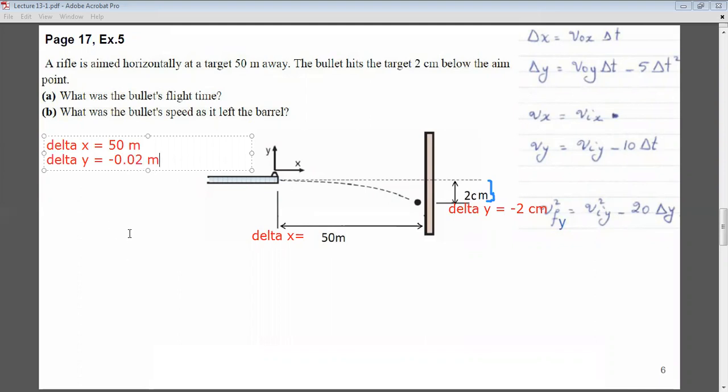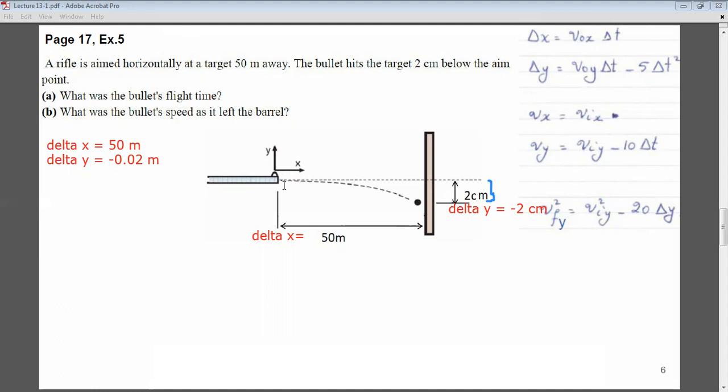Okay, I have to change it to meters. Let's see which one of these 2 I can use to calculate the time. Let's look at delta x. If I start with the first equation, it's v initial x delta t. Do I have v initial x?